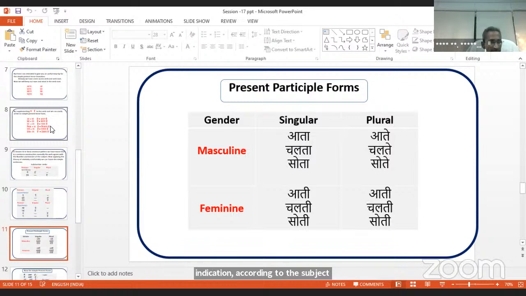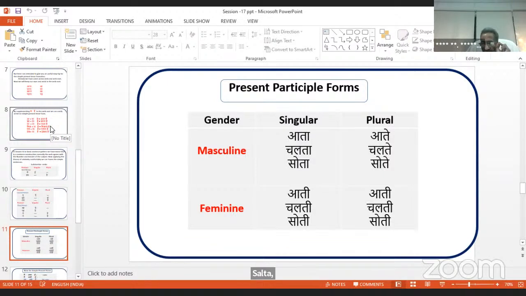When subject is singular, it will be aata. When subject is plural, it will be aate. The ta ending will change into te ending. Aata, aate, chalta, chalte, sota, sote.